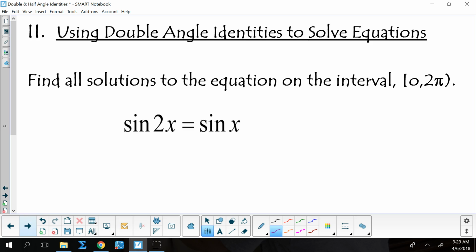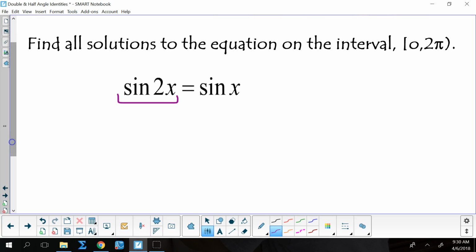So how I would go about this is I would say, well, the sine of 2x is equal to 2 times the sine of x times the cosine of x.